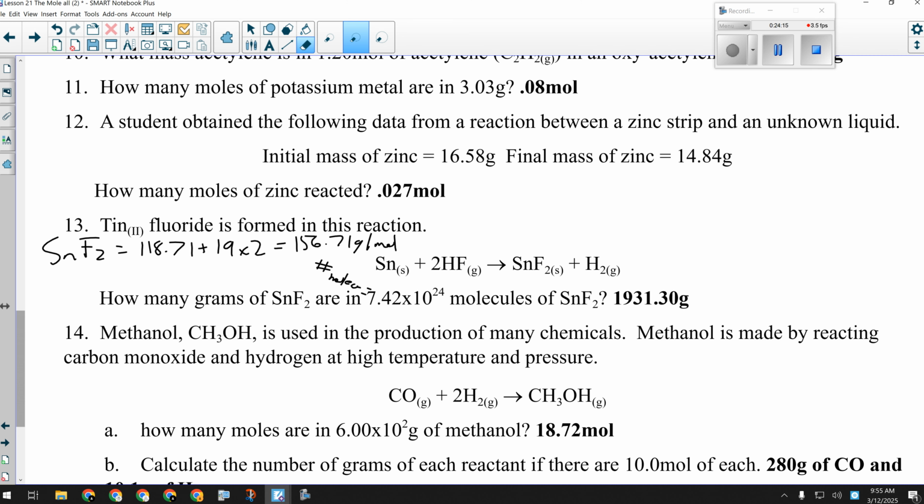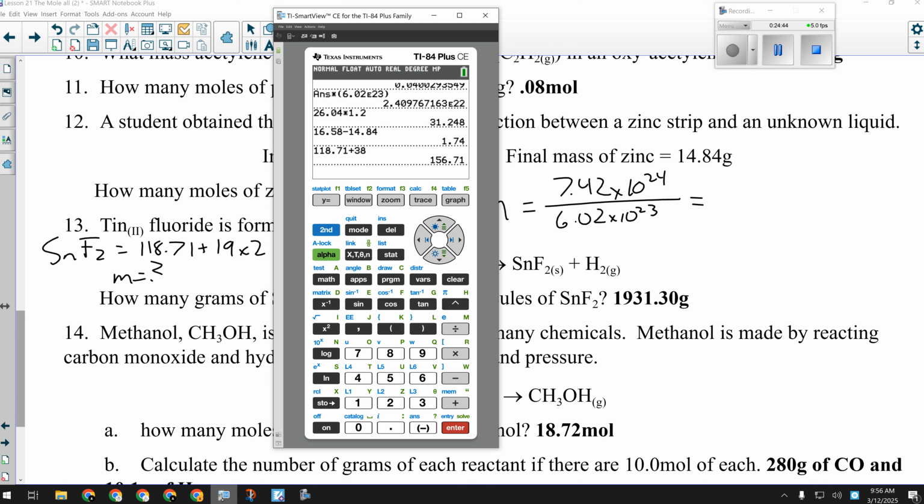grams per mole. So I have big M, I'm trying to find little m, and I have the number of molecules. What do I have to do with the number of molecules if I want to get n? Divide by 6.02 times 10 to the 23. So I have 7.42 times 10 to the 24, in brackets, divided by Avogadro's number, 6.02 times 10 to the 23.